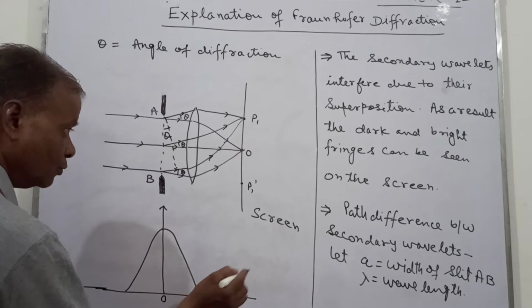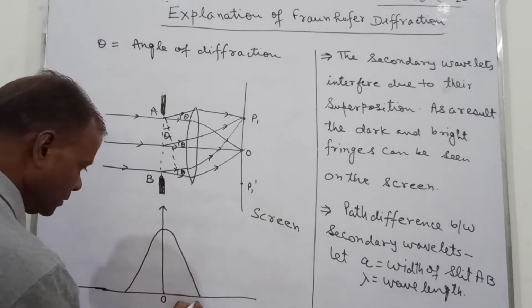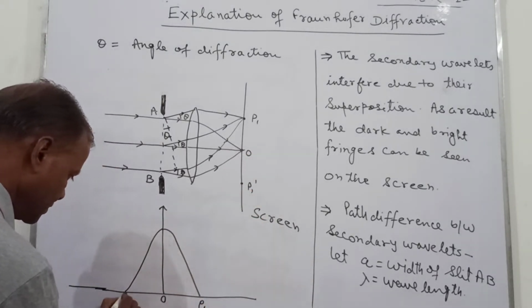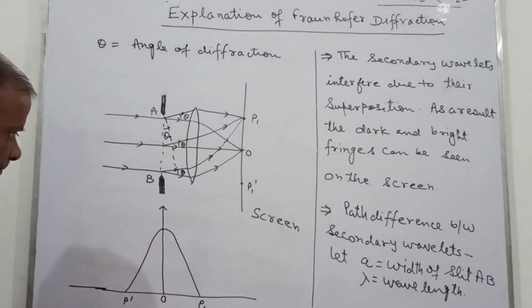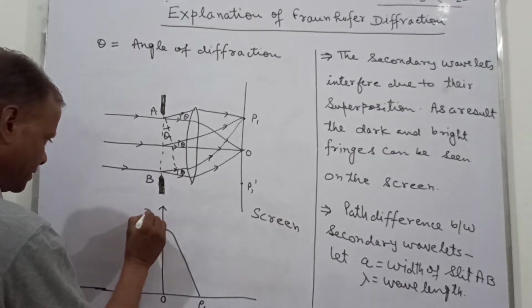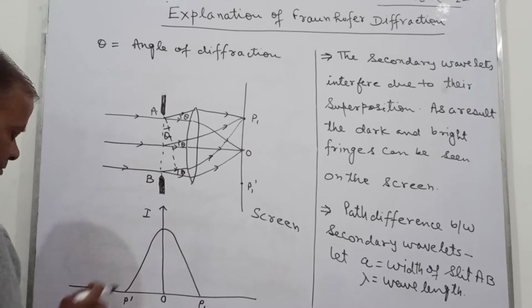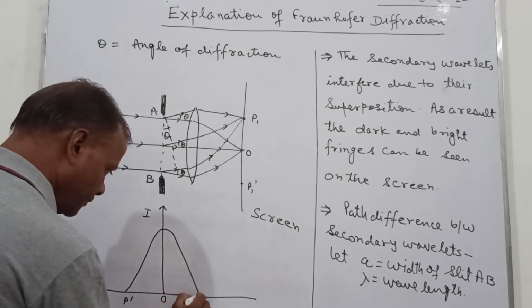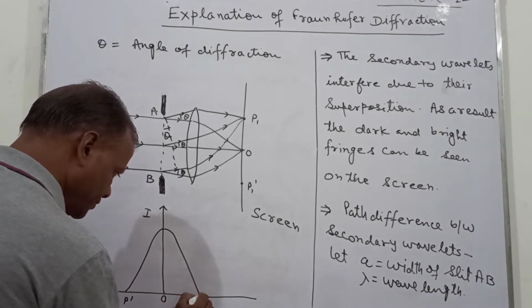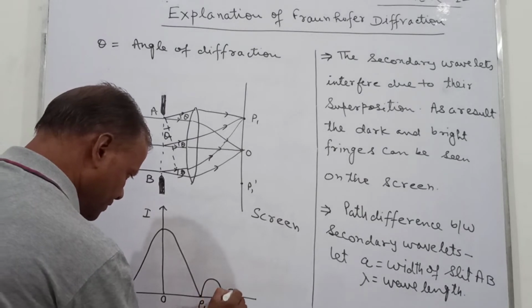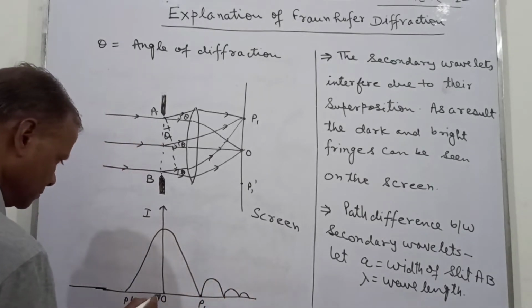This is point O corresponding to this one. This is point P1, and this is point P1 dash. This is the intensity I on this side. This is your first bright fringe, then the second and the third.